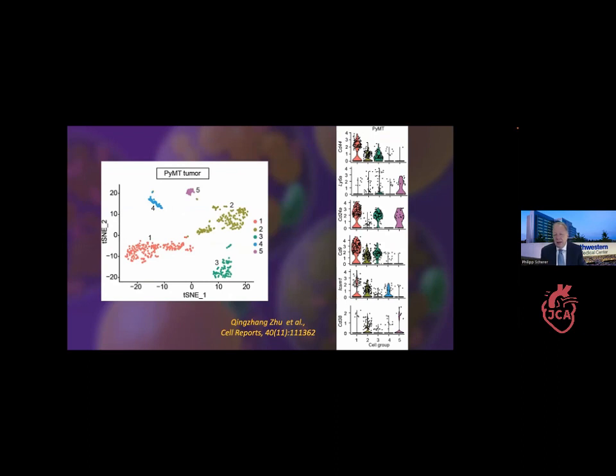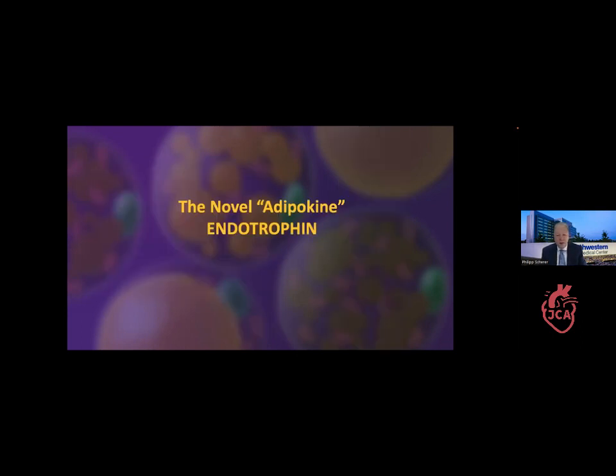And I'm telling you this story with breast cancer as a background mostly, because that applies to many other settings, including the cardiovascular setting as well, where we have to appreciate that these fat cells have a lot of flexibility within their system.